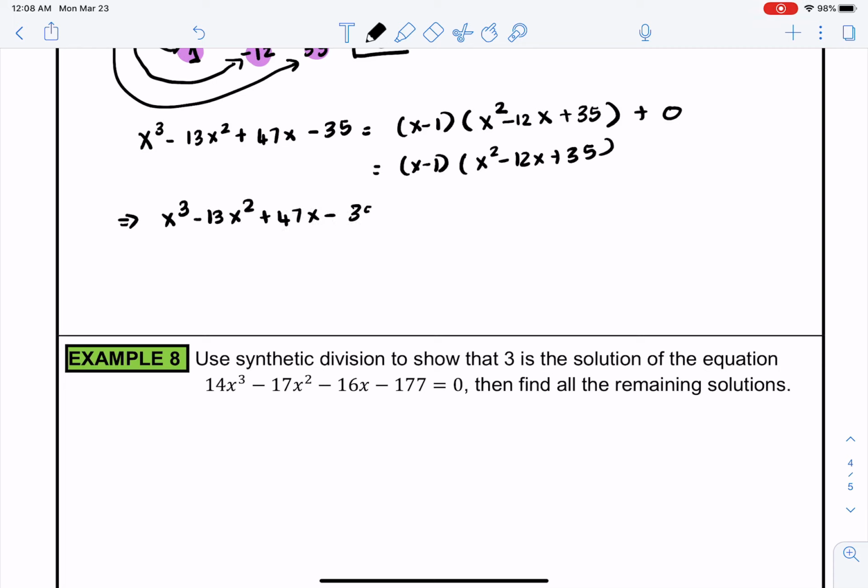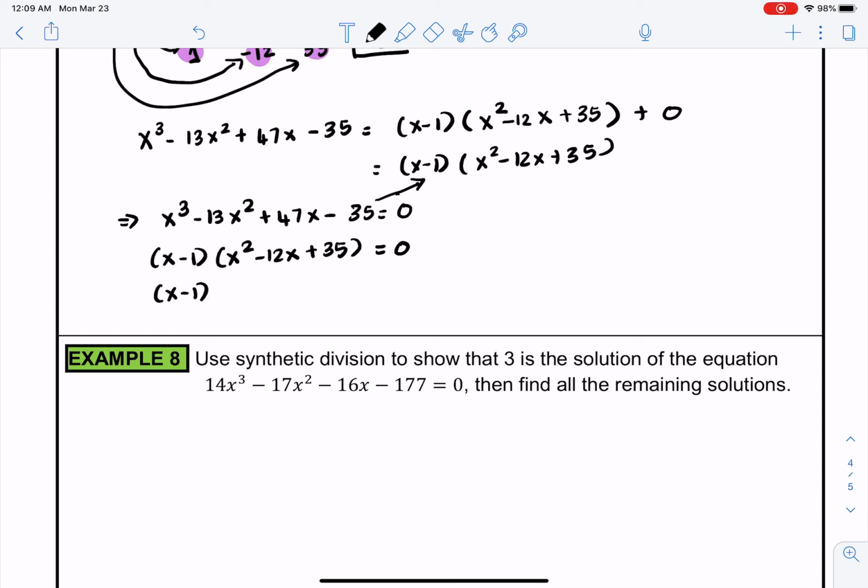If you look at the original function, it might seem scary that finding the zero might be an impossible task, but we rewrote that original expression in that factored form. So we can rewrite it as x minus 1 times x squared minus 12x plus 35 equals 0.